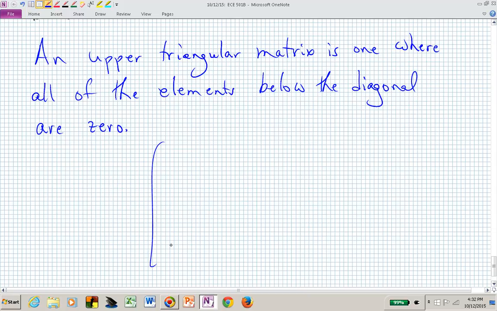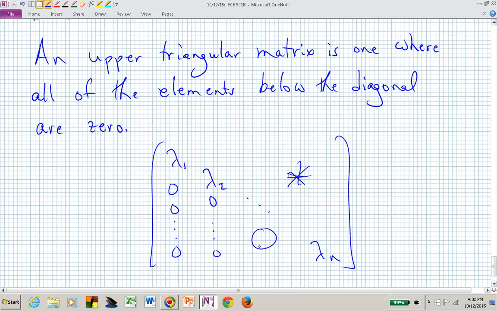So that now we have a lambda 1, a lambda 2, a lambda sub n. We don't care what's up above, but everything below are zeros.